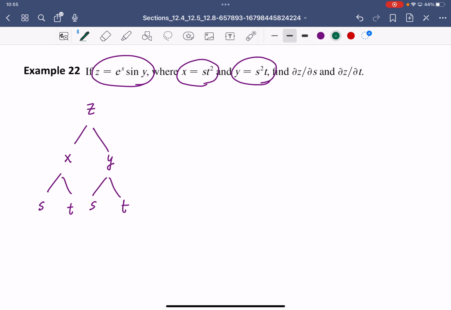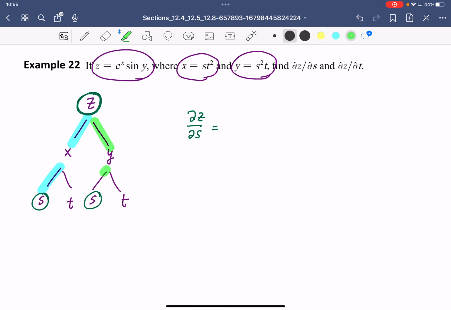So if I want ∂c/∂s, what would I do? I start from the top part here, the bottom part here. The first way you can go from c to s is the blue one. The second way is the green one.